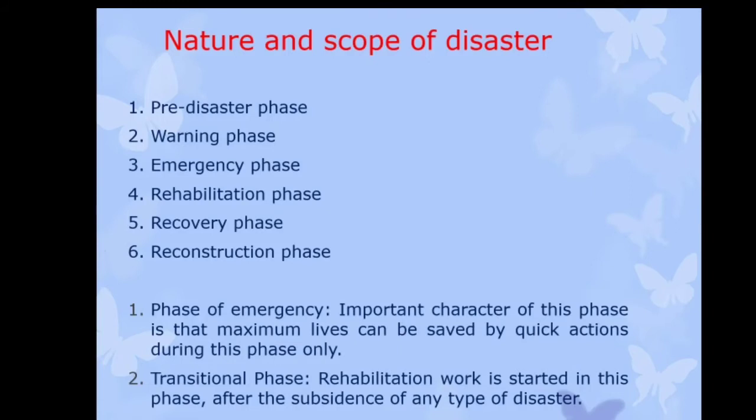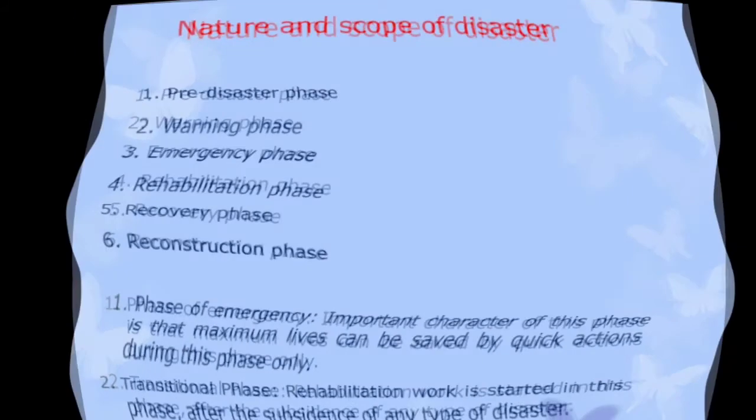Rehabilitation of the victims is an important aspect of this transitional phase. Generally, different institutes offer monetary and other types of help to such people. It helps to soothe the mental stress of these victims at the earliest, and they are offered a permanent means of early livelihood, and this is true rehabilitation.